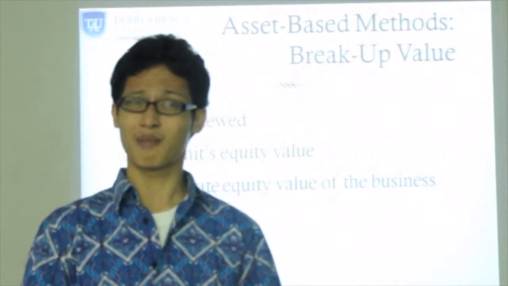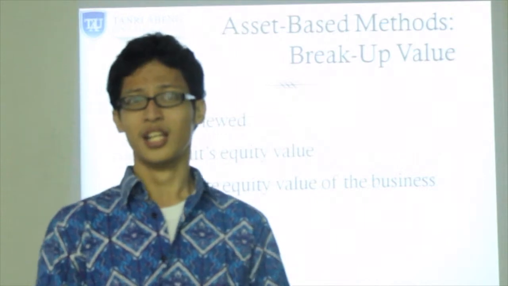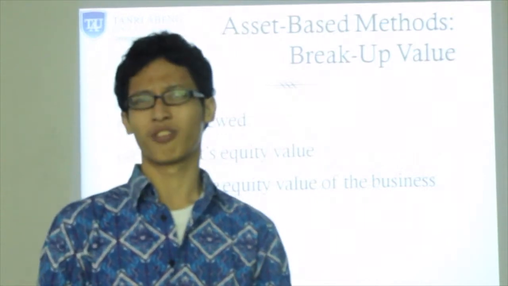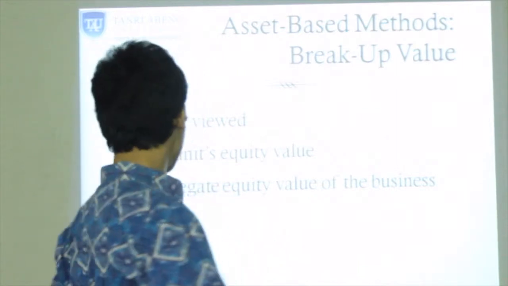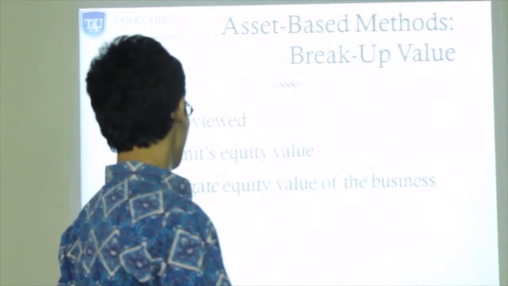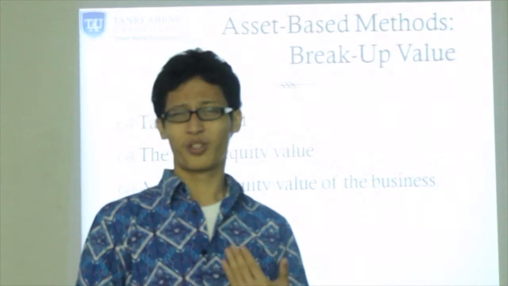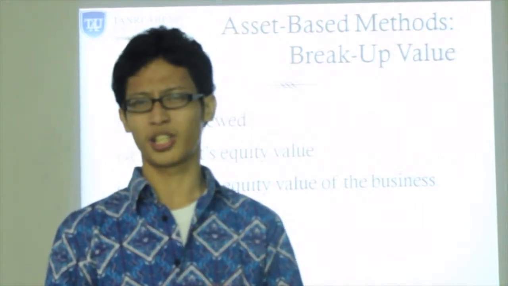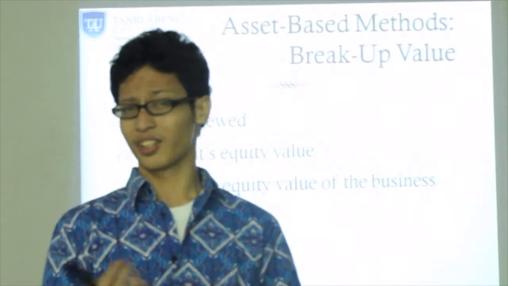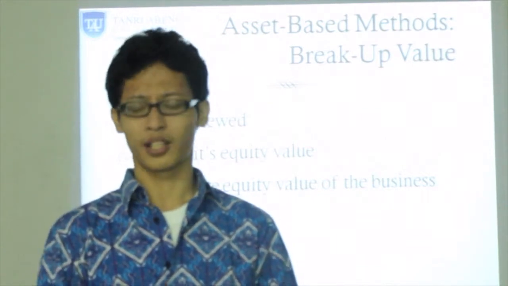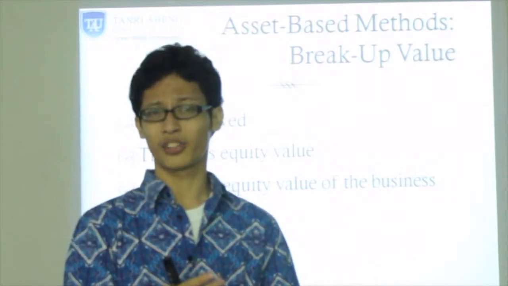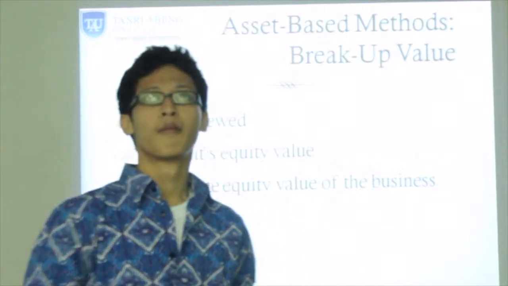Number two, the unit equity values are determined by deducting operating or non-operating liabilities from estimated enterprise value. And the last is the aggregate equity value of the business, which is determined by summing the equity value of each operating unit less unallocated liabilities held at the corporate level, for example debt, and breakup costs, for example accounting and investment banking fees.